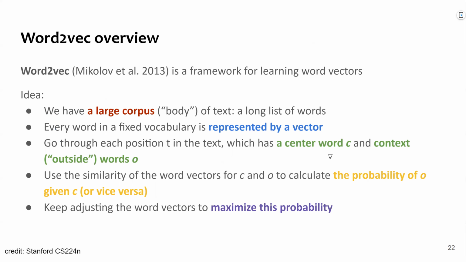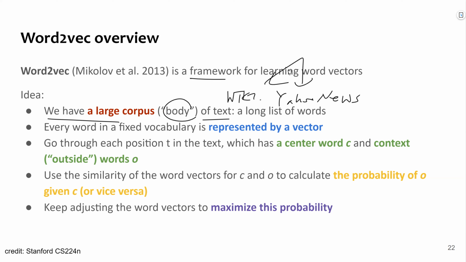Okay, and what is Word2Vec? Word2Vec is a framework for learning word vectors. The idea is like this. We have a large corpus, a body of text, for example, Wikipedia or Yahoo News. They contain gigantic texts. Every word in a fixed vocabulary is represented by a vector, and this vector is called a word vector.